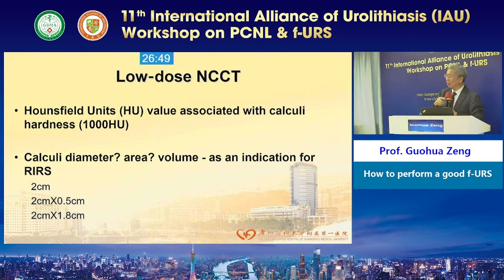But sometimes the HU is more than 1,000. You must be careful, maybe it takes a long time. And I always think stone diameter as an indication for flexible is not so good. I think stone volume is best, and the surface area is second.